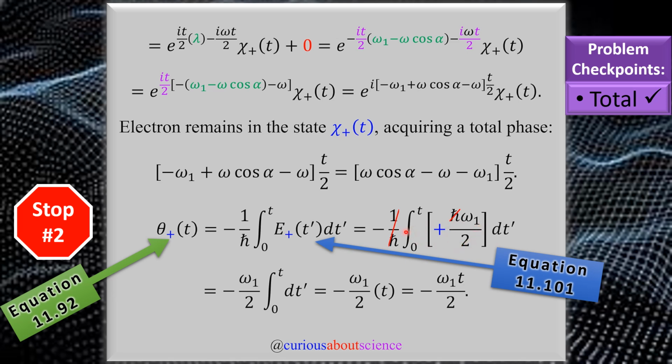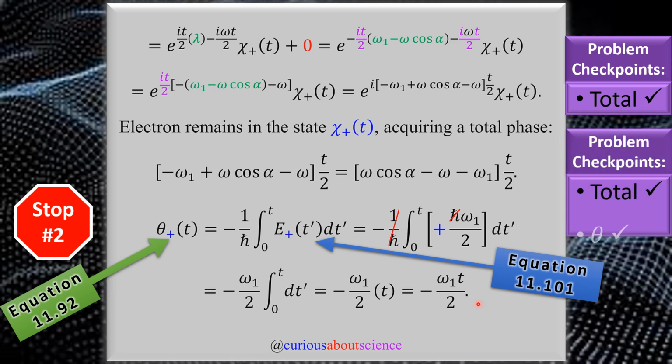Okay, so plugging that in, we get minus 1 over h bar here, they cancel. This plus side will go away due to the minus sign here. Omega over 2 can be brought outside because they're constants. And then we're just left with t from our integral. So the dynamic phase summarizes itself as negative omega 1t over 2.